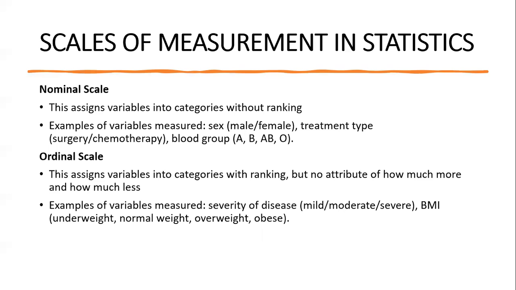Blood pressure categories: normal blood pressure, elevated blood pressure. Type 1, type 2, type 3 of something like that. So you see the grading. Medical house officer, medical officer, registrar, senior registrar, consultant, professor, like that.